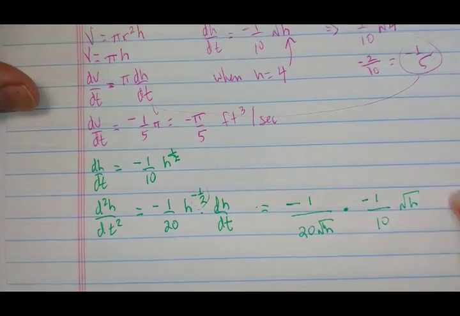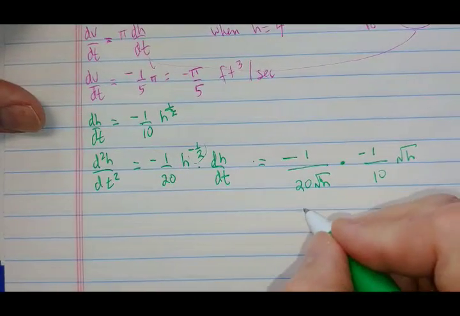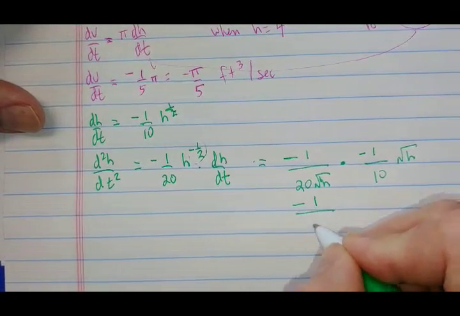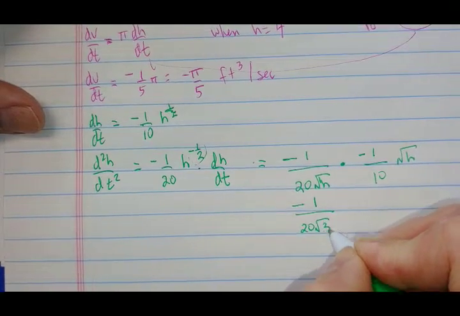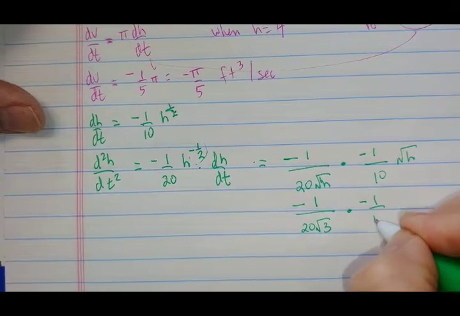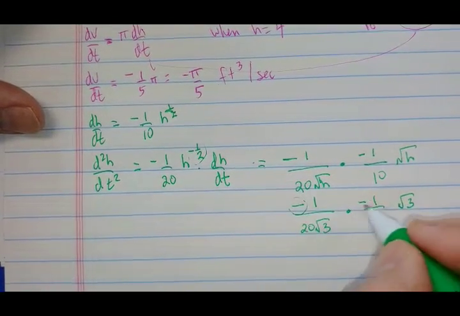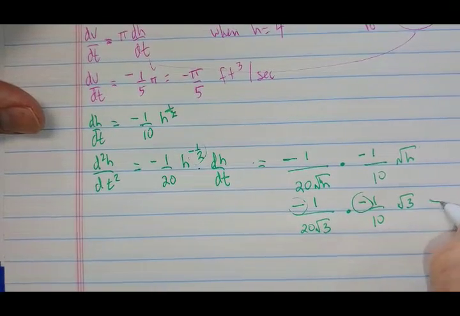And we wanted to know that at 3. So I'm going to substitute 3. That'll give me negative 1/20 square root of 3 times negative 1/10 square root of 3. I can see that a negative multiplied by a negative is a positive, so that's going to be greater than 0.